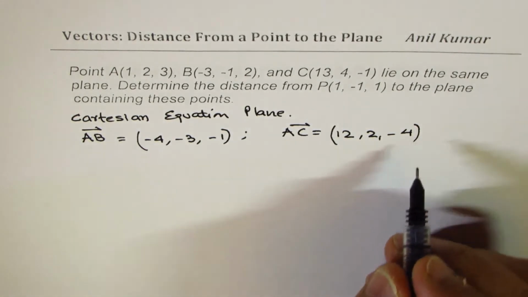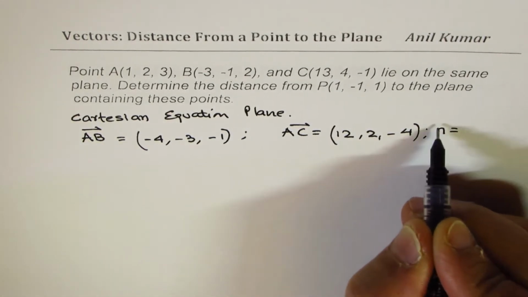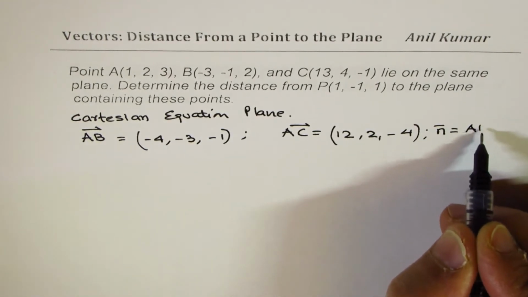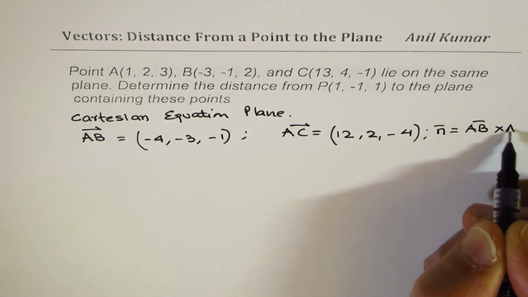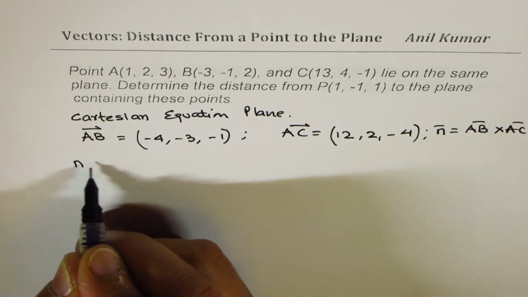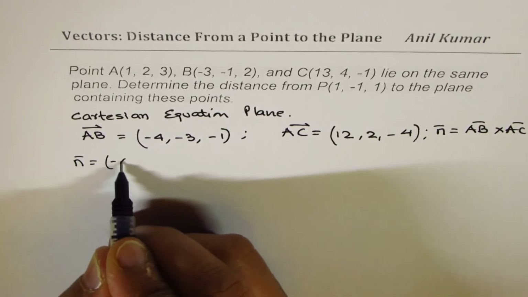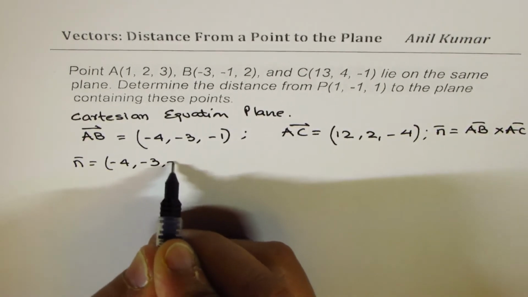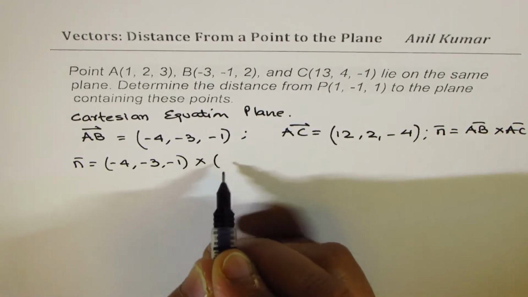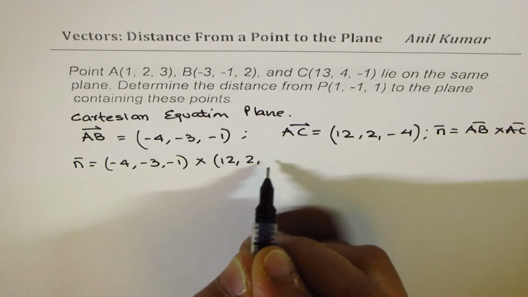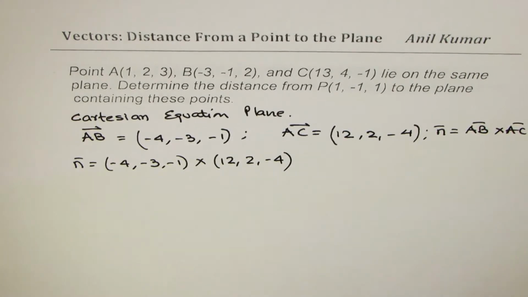We can get the normal as the cross product of AB and AC. So the normal will be equal to (-4, -3, -1) cross product with (12, 2, -4). You can apply the method known to you to find the cross products.